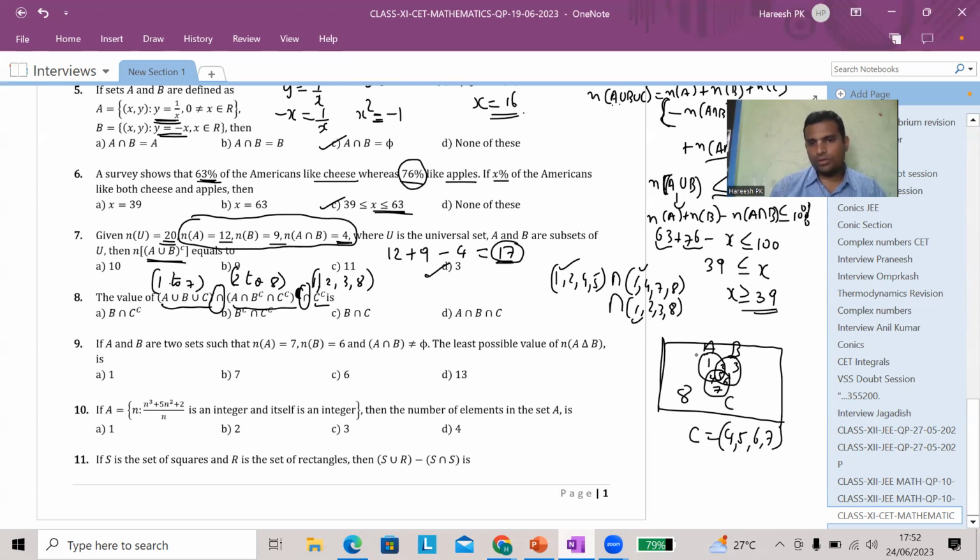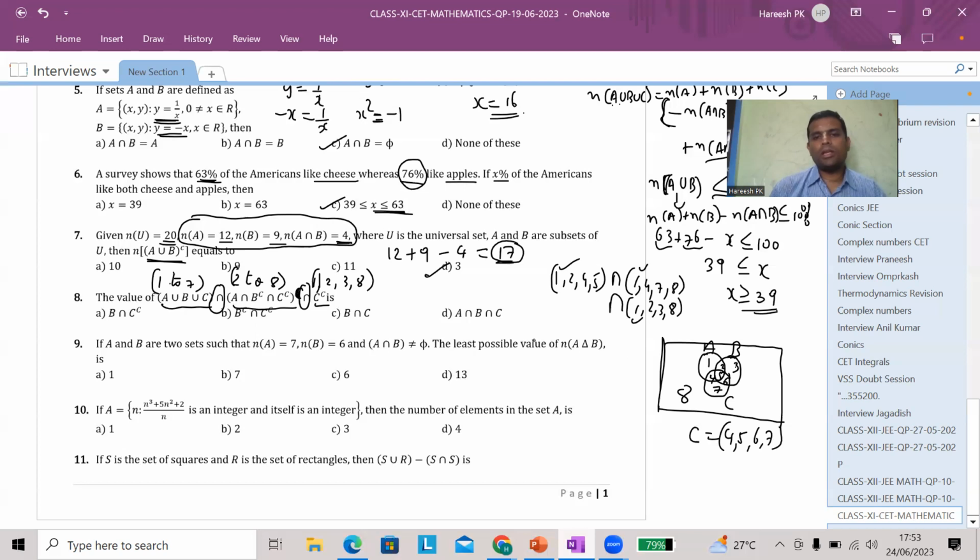So what do you think 2 and 3 is? It means all elements of set B which are not a part of C, isn't it?